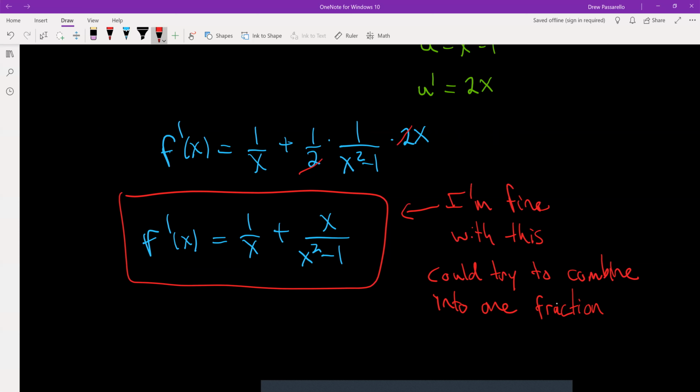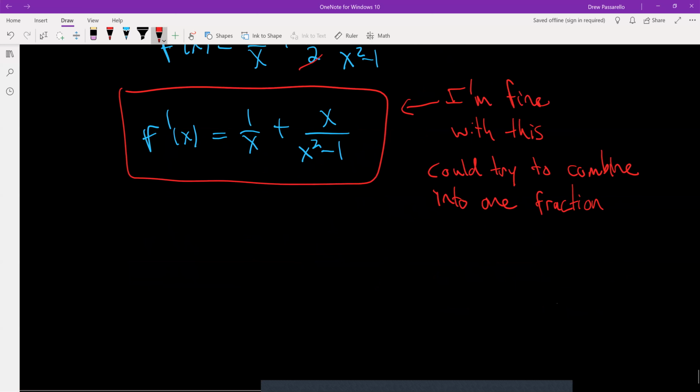Sometimes their textbook's a little inconsistent. They'll leave it like how I have it now, or sometimes they might just go ahead and make it one fraction. So let me look at what they have. Yeah, the textbook goes ahead and writes it as one fraction.